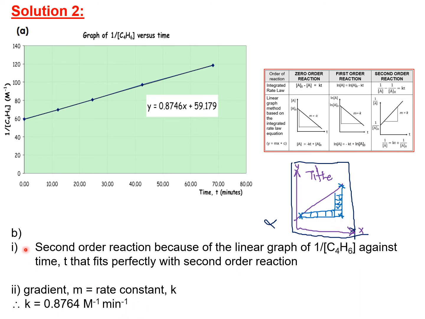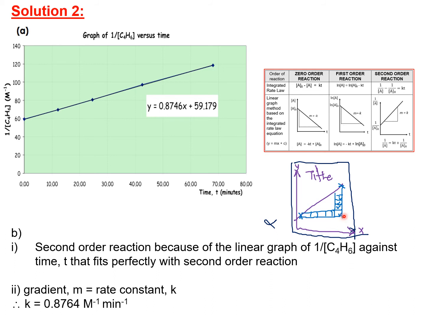Okay, and next is why it asks you to state the order of this reaction. The order of this reaction is second order because the linear graph of 1 over concentration of reactant against time fits perfectly with a second order reaction. That's why we take this as a second order reaction.